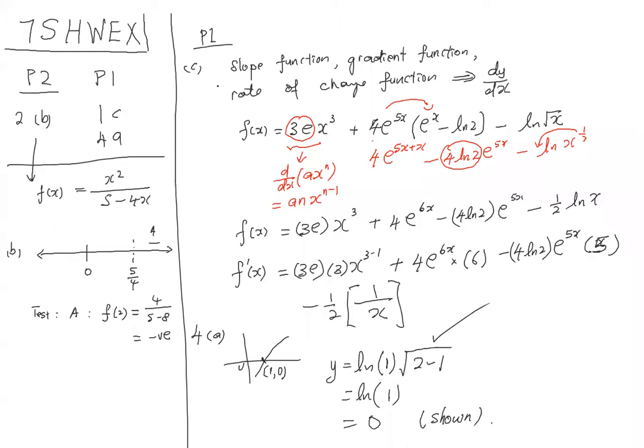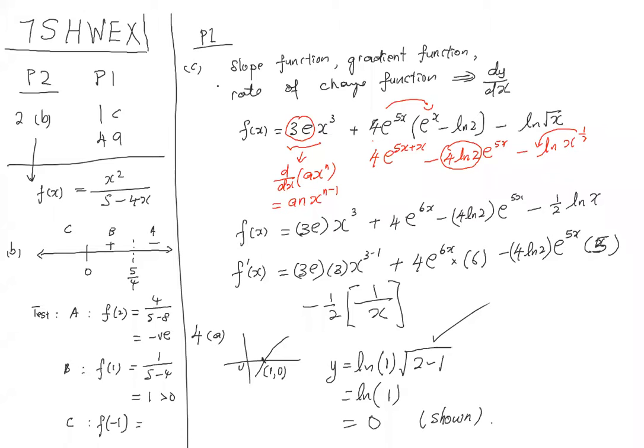Okay, for region B, I use 1. Correct? 5 over 4 is greater than 1, so I use 1. So 1 over 5 minus 4, I got 1 more than 0. So positive. For region C, I use negative 1, for example.